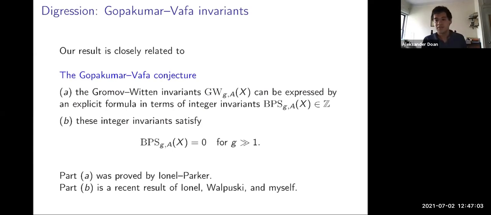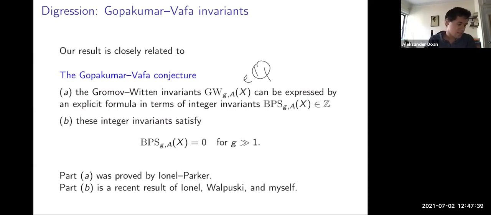And then there is a formula relating this generating function of Gromov-Witten theory to some other series, which has the property that it can be expressed using integer invariants. Right, so I said that Gromov-Witten invariants are rational because you count curves and divide the count by the number of automorphisms. And the Gopakumar-Vafa conjecture predicts that these invariants can be expressed by integer invariants, so-called BPS invariants.